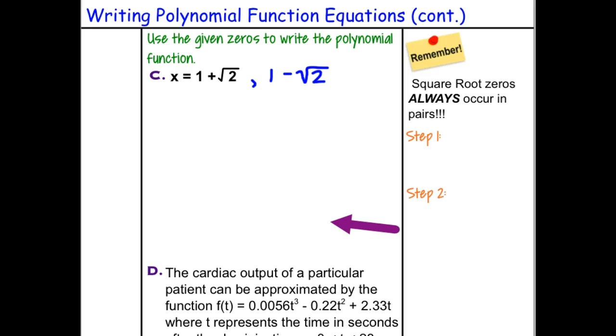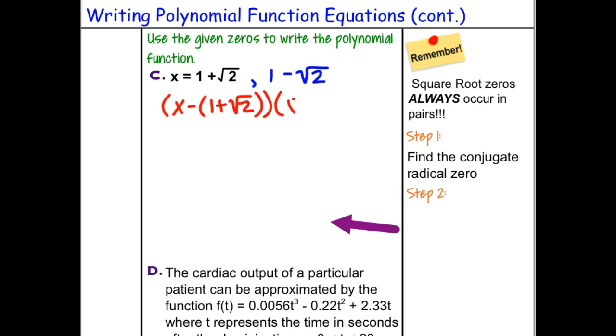And you've seen this. I want you to put your pencils down right now, because I'm going to go through these steps to find the conjugate, which is what we just did, but I'm going to show you why we aren't going to go the old school route. If you're not listening to this video, you're going to do a whole lot of extra writing, and I'm sorry. So we have x minus 1 plus the square root of 2, and x minus 1 minus the square root of 2.